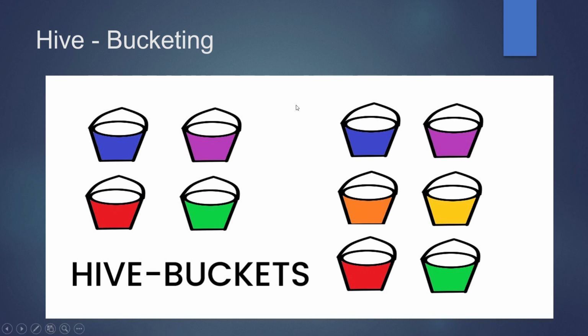If we have all the items segregated, then we need to count only the items in the respective blue bucket and the respective blue bucket here. This is what we are going to do in Hive bucketing.